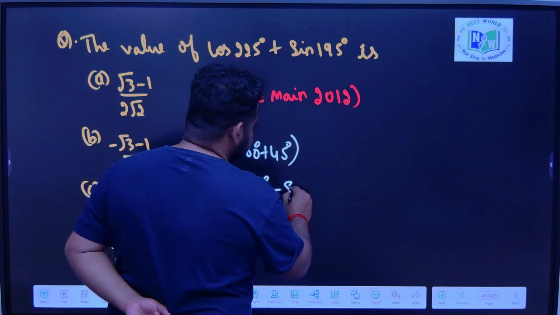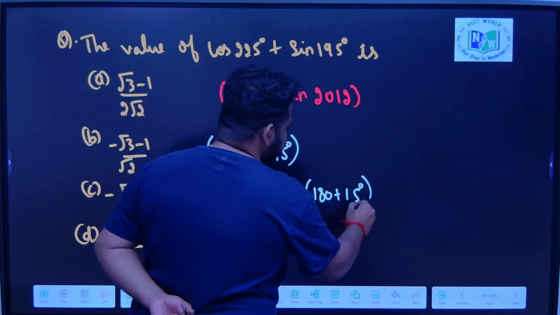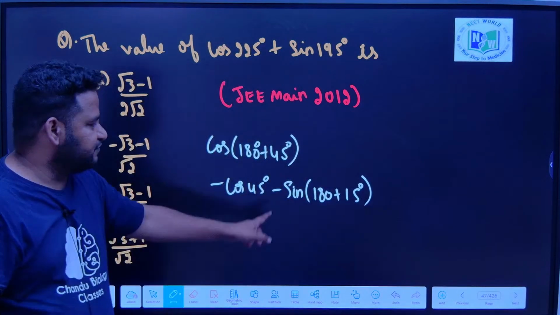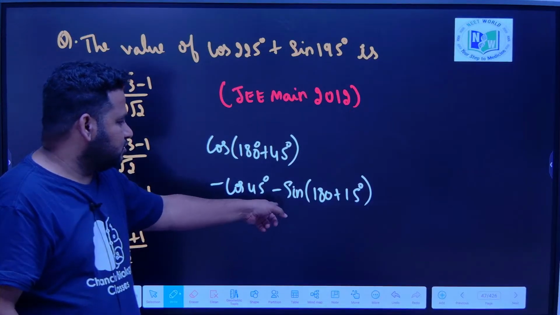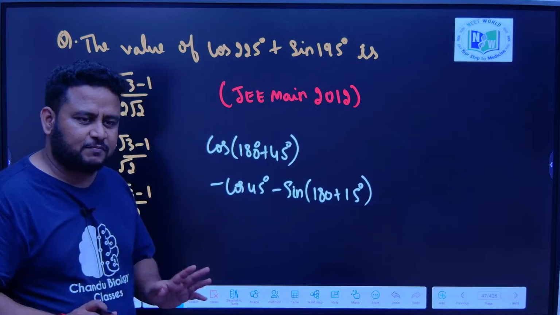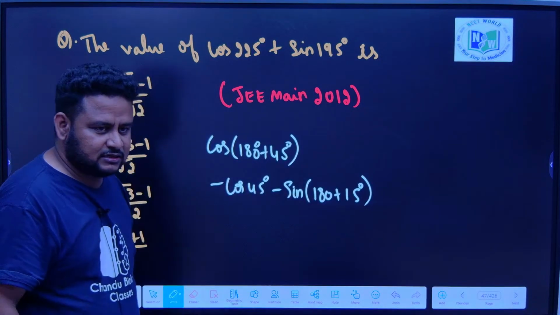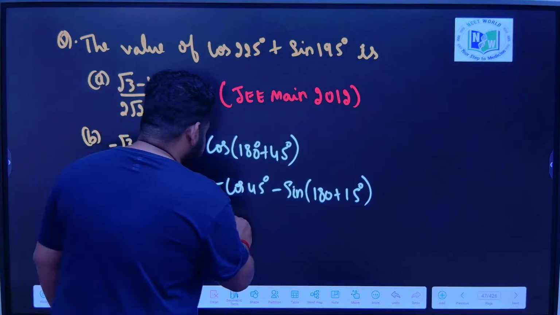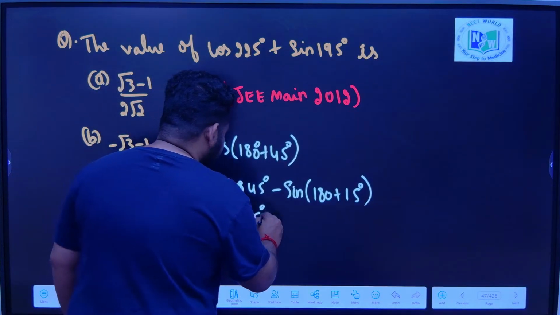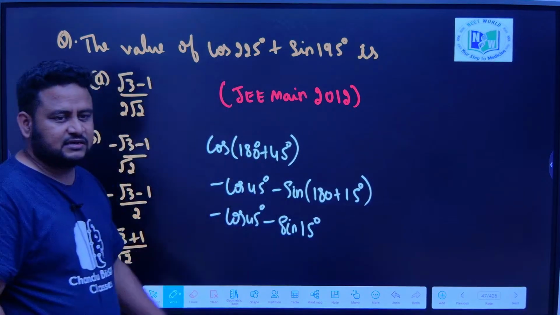Sin 195 I can write as sin 180 plus 15 degree. So, 180 is what? Even multiple or odd multiple? Even multiple of pi by 2. Even multiple means sin will remain sin. Correct. So, this will become minus cos 45 minus sin 15 degree.